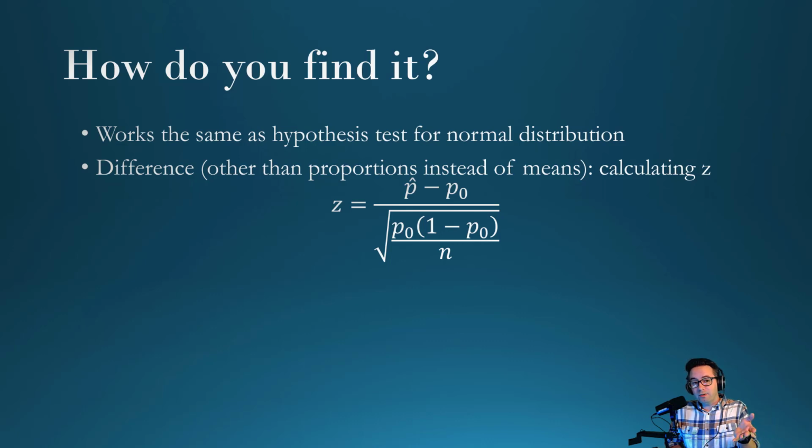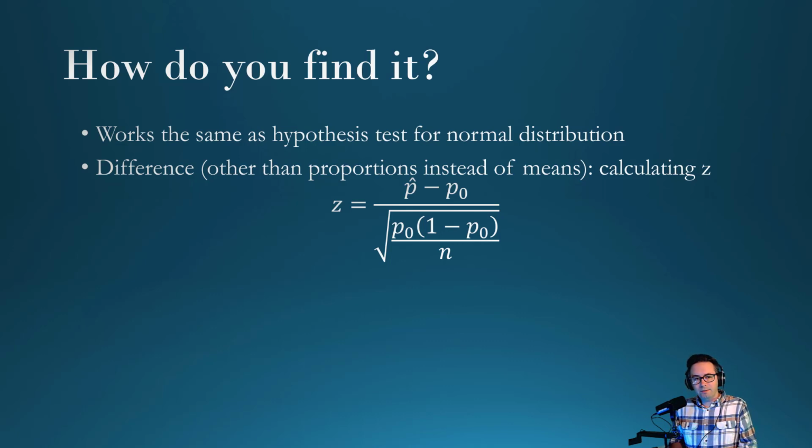We're just comparing the proportion that we observed in our sample versus our hypothesized proportion. The p hat is the observed proportion. The p naught, that's the p0, is the null hypothesis proportion. We just plug it in and we get our Z.